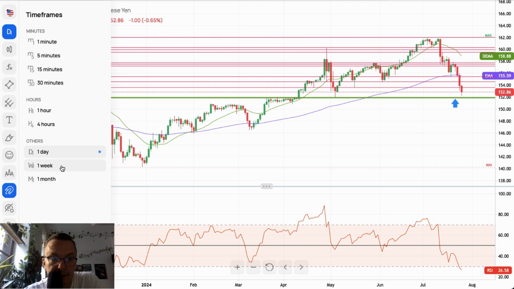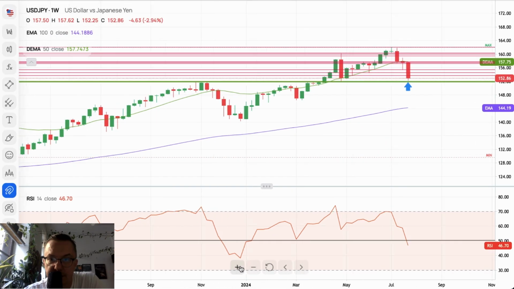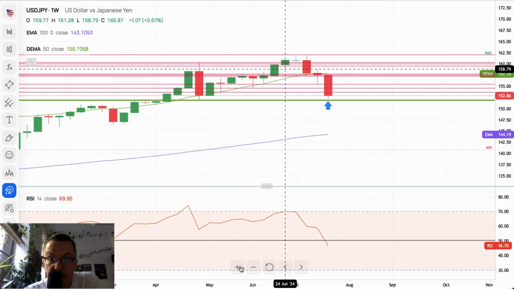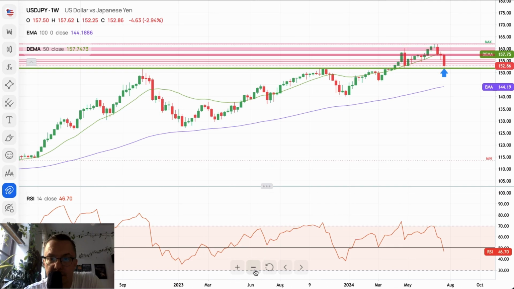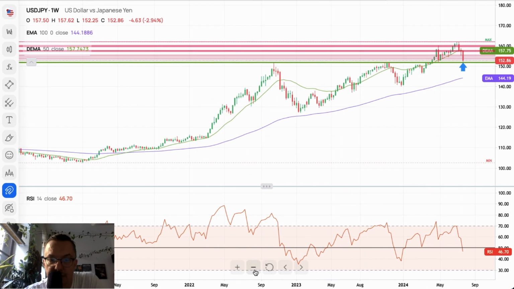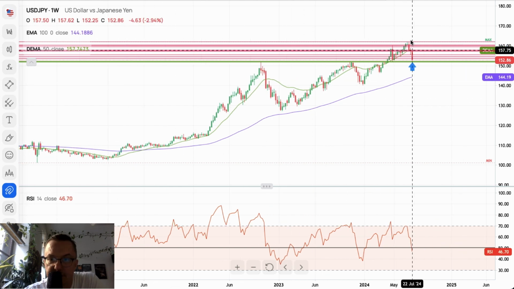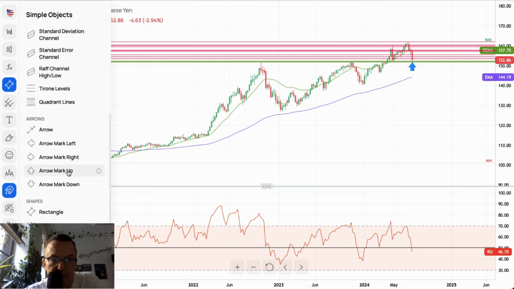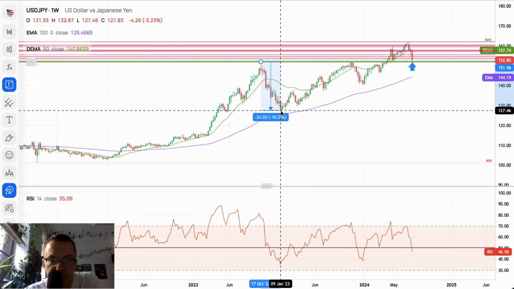If we switch to weekly, you can see that on the weekly time frame chart, this movement here started with this big harami pattern confirmation and now extension to the downside. However, if we talk about the long-term trend, like 3-4 years back, it is still up, and this movement to the downside is not the biggest correction during this uptrend, because the last big correction from 2020 to the end of 2022 was 16%.